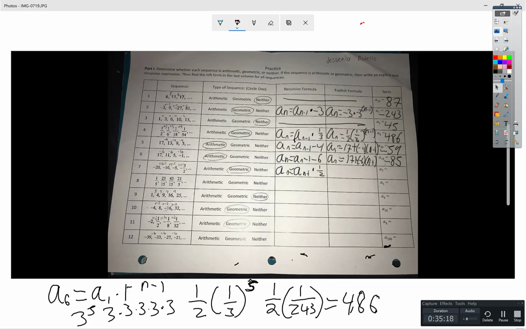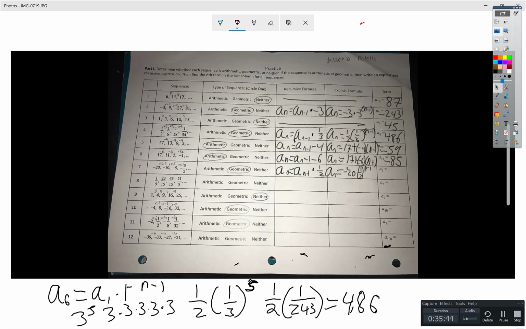And then the explicit formula: each term is equal to the initial term, which is going to be negative 20, times our common ratio, which is 1/2, raised to the n minus 1 power.